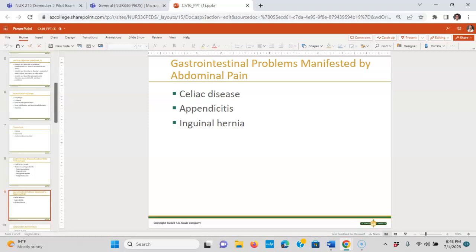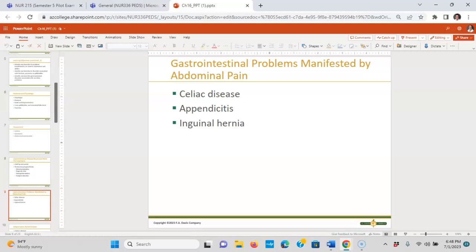Celiac disease is hereditary, so you're looking for family history. Manifestation usually begins after 6 months when you start including these things in the diet, like Cheerios and things like that.